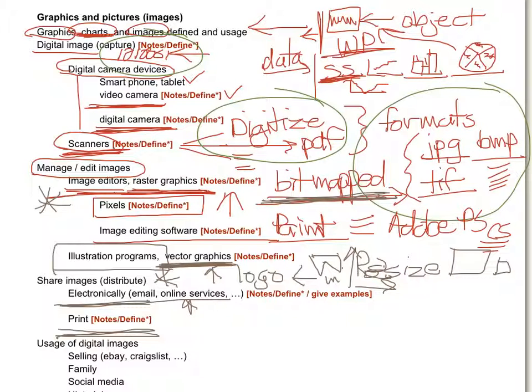If you're going to print, you have to be aware of how many dots per inch, the quality of how many dots per square inch that you're going to use. The more dots, the better the quality, depending on the quality of the image coming in.